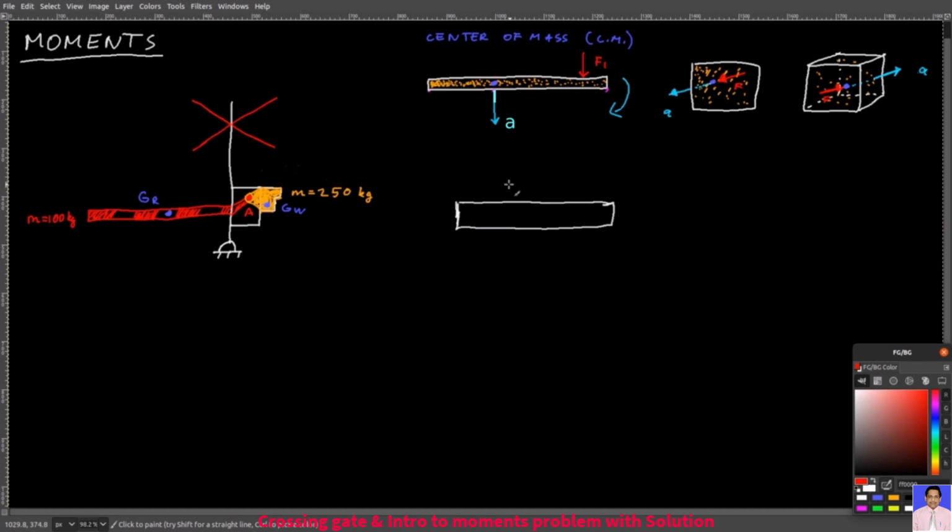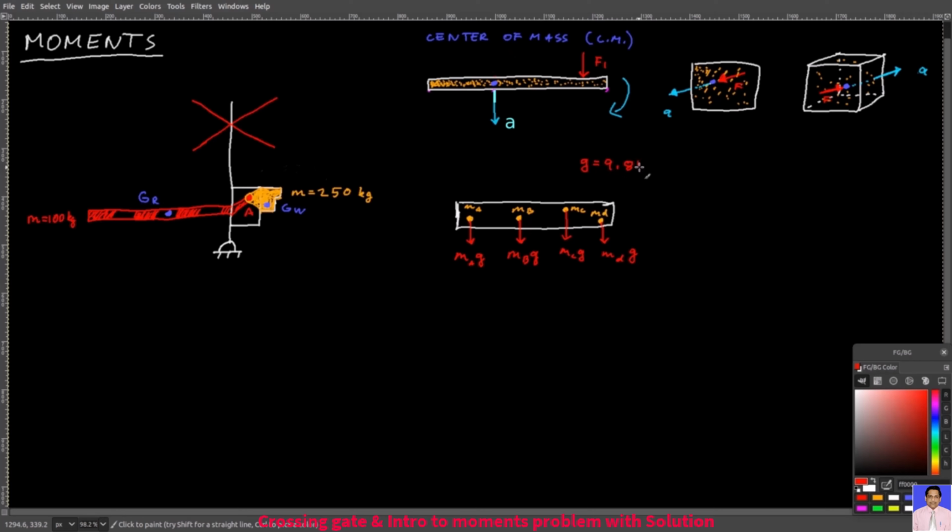It means that if we, for example, take this rod, then every single molecule in this rod experiences force of gravity. So let's say that this molecule is Ma, this one is Mb, then this one is Mc, and this one is Md, and that means that here you would have Ma times G, then here you would have Mb times G, Mc times G, and Md times G. So G is the gravitational acceleration.